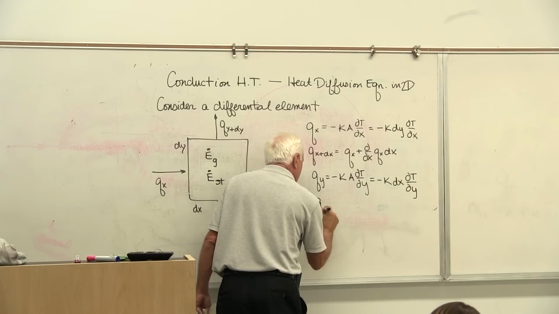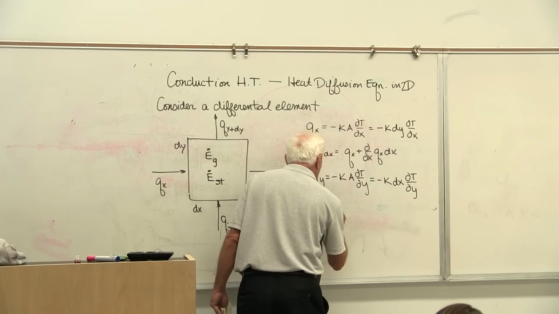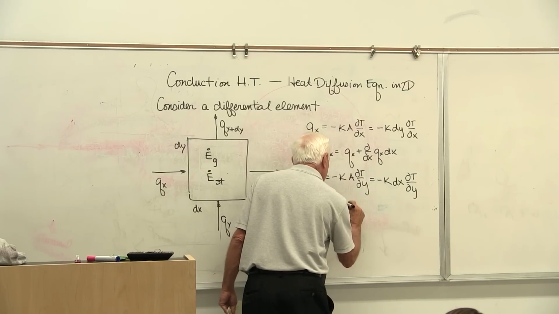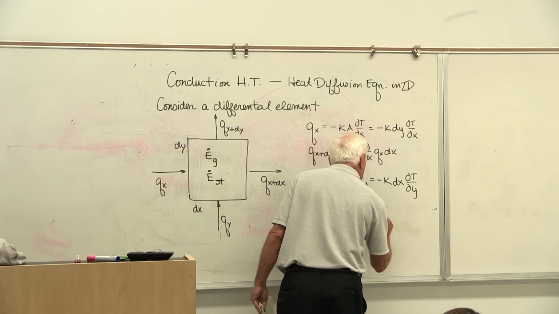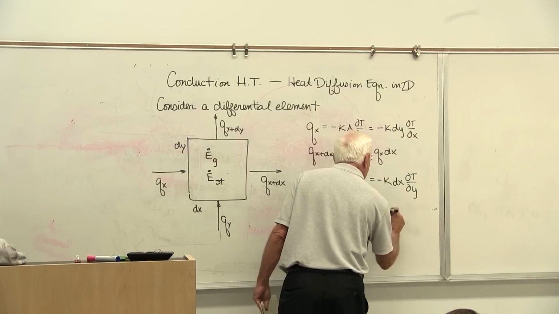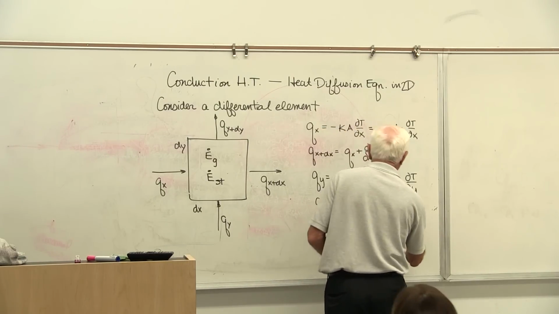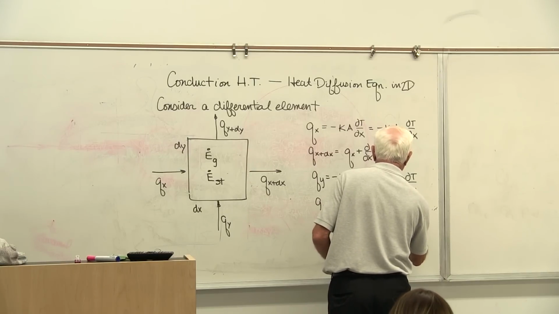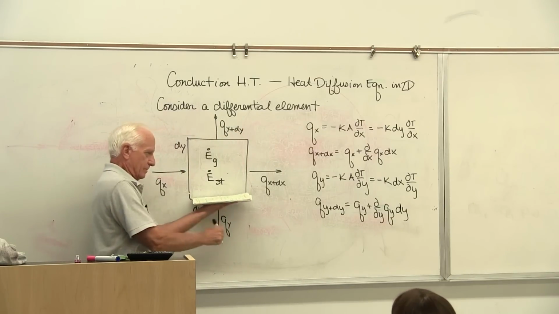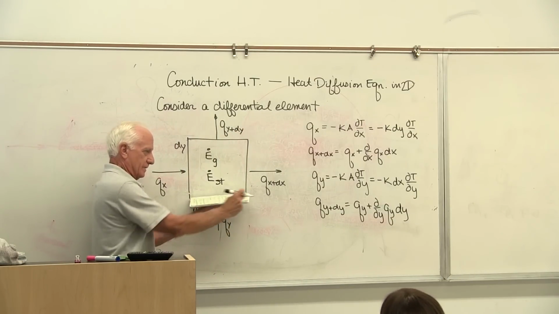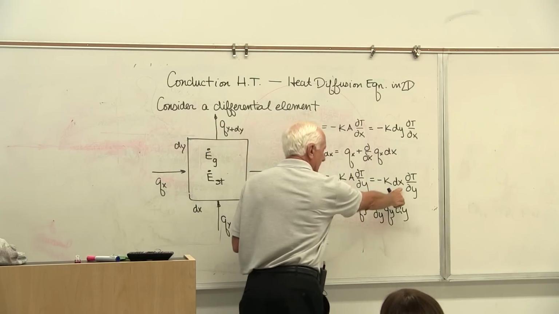Expanding that in a Taylor series and neglecting higher order terms, Qy plus dy is Qy plus the partial with respect to y of Qy times dy. The area for the bottom is the paper, so the heat comes in the bottom. This length is dx, so the area is dx times 1.